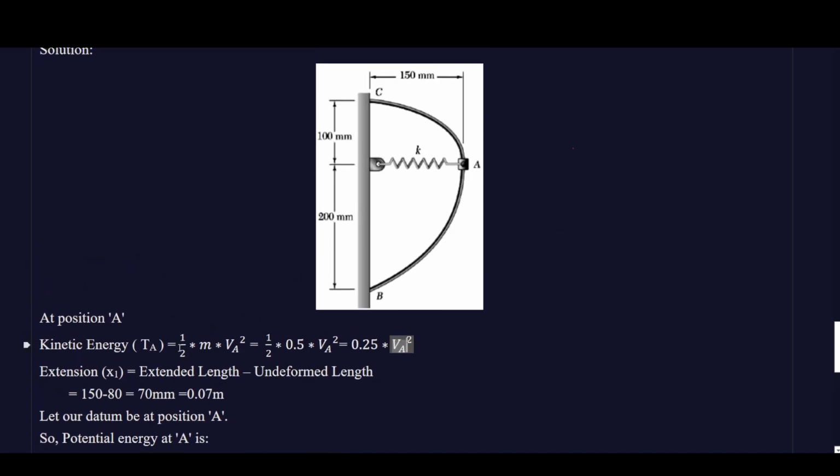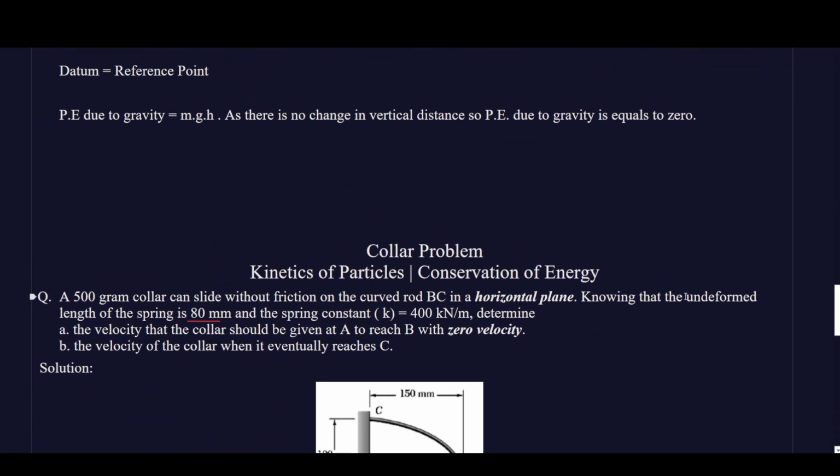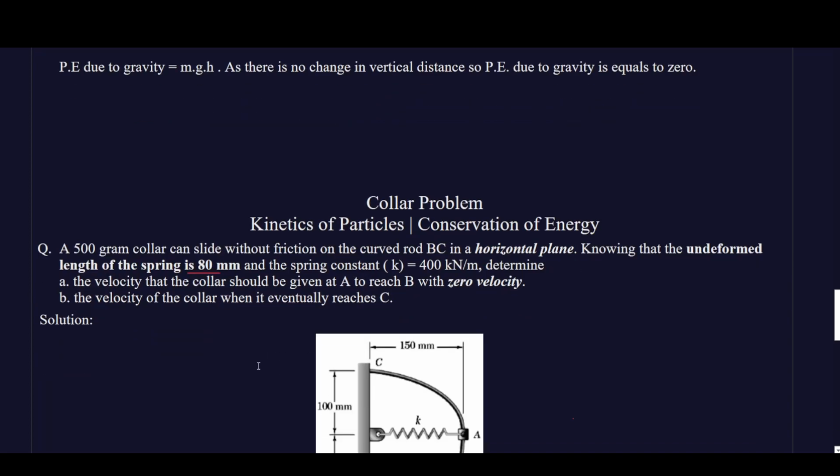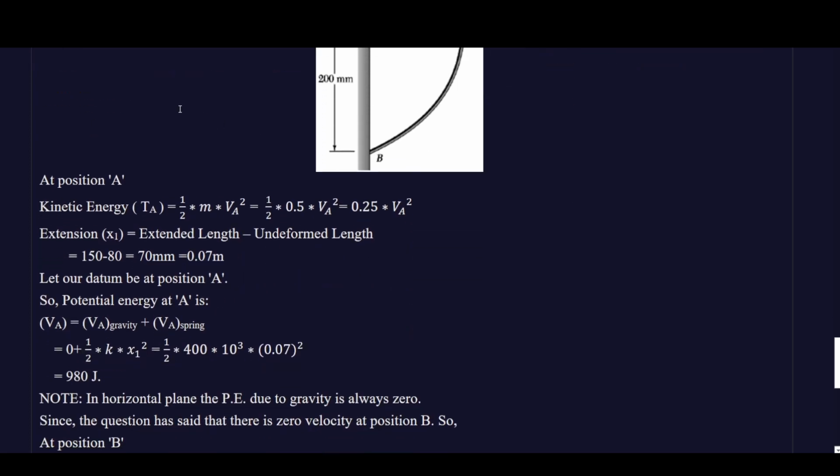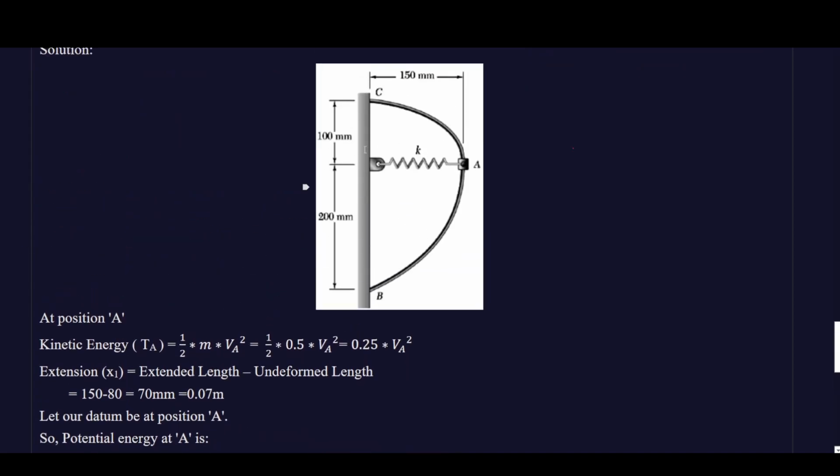The question also gives the undeformed length of the spring as 80 mm, which is the length before the collar is attached to the slider. The extended length when the collar is at position A is 150 mm.